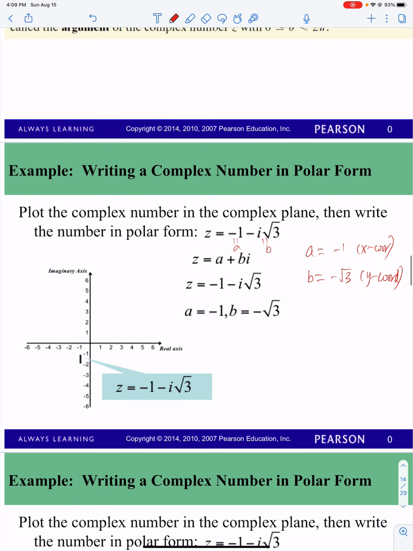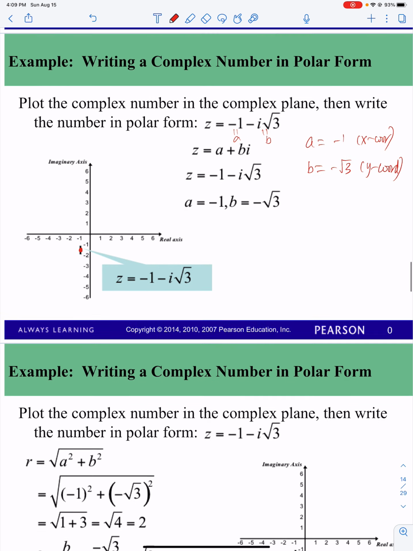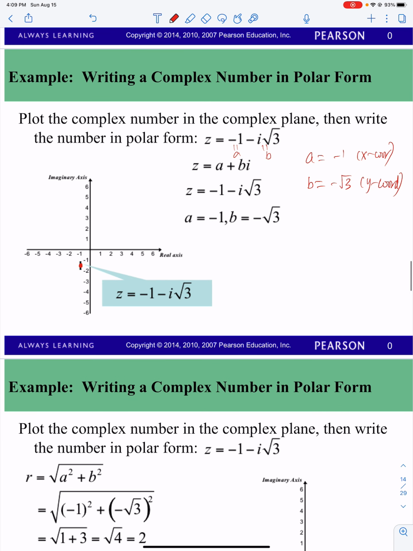Okay, so you can plot it here. Then how could you find the polar form? What is r? r equals the square root of a squared plus b squared, so the square root of negative 1 squared plus negative square root of 3 squared. The square root of 1 plus 3, square root of 4, is 2. Okay, so the tricky thing is theta.